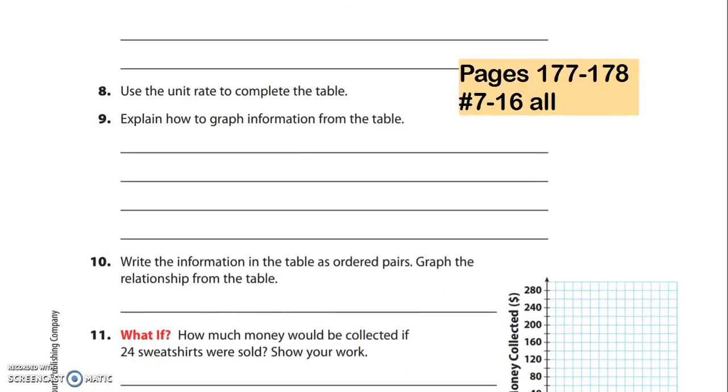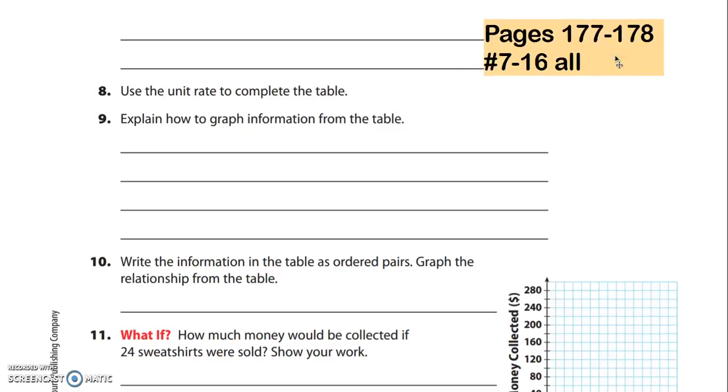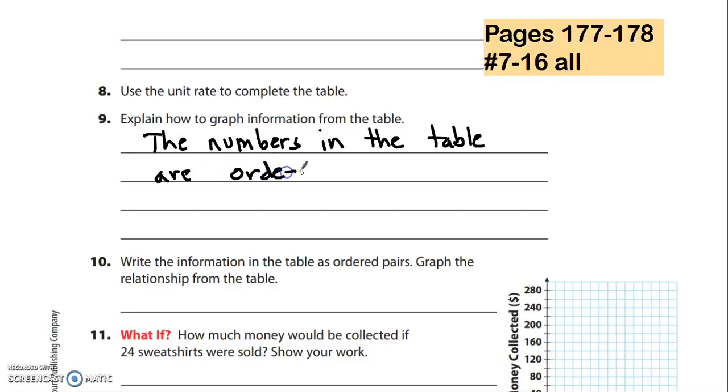Number 9 says, explain how to graph the information from the table. Well, the information in the table can be written as ordered pairs. The numbers in the table are ordered pairs. And the ordered pairs are written as the first term is the x value, and that's how far you go over on the x-axis.